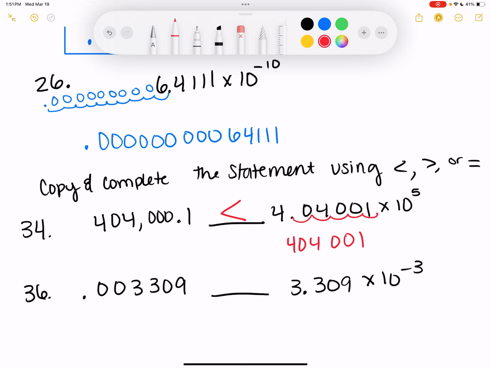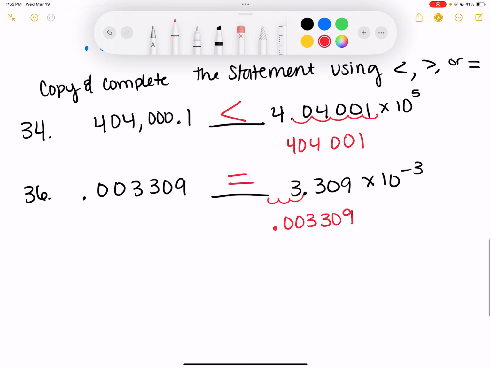So that being said, what do I do with this one to put this in standard form? Move the decimal back 3. So that's going to be 0.003309. What is this compared to this? Equals.